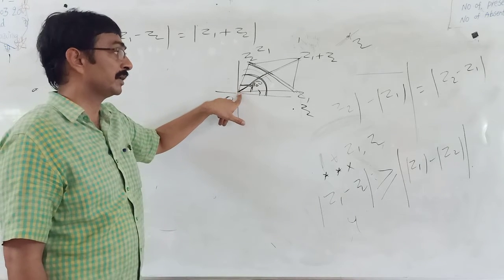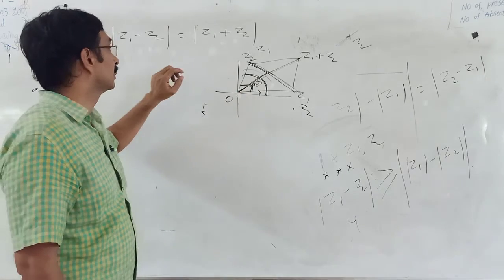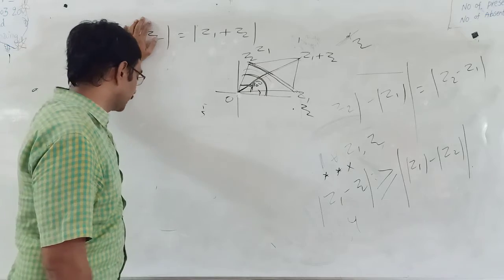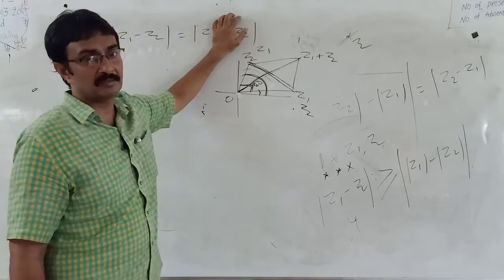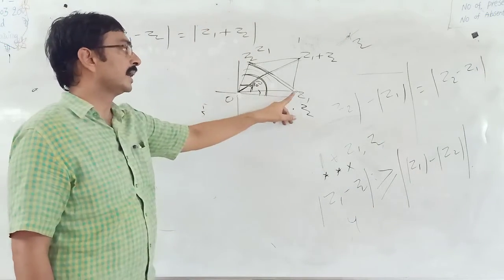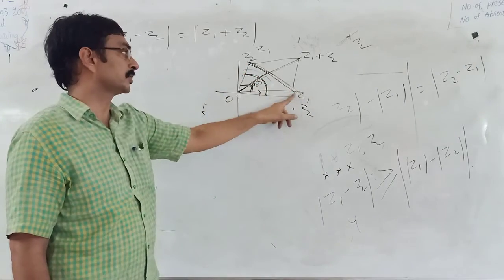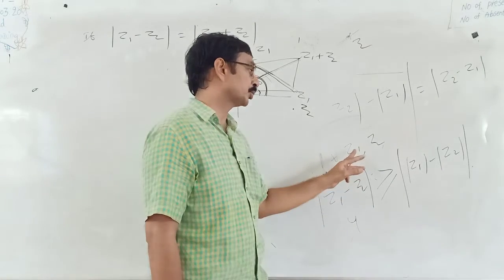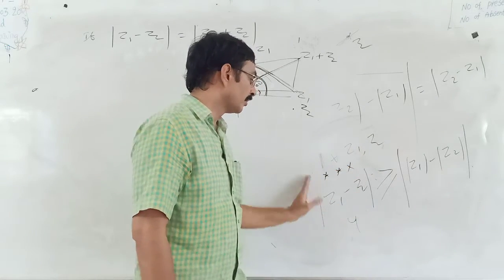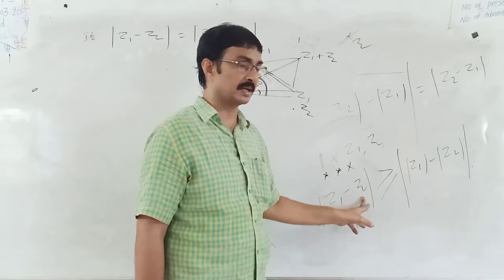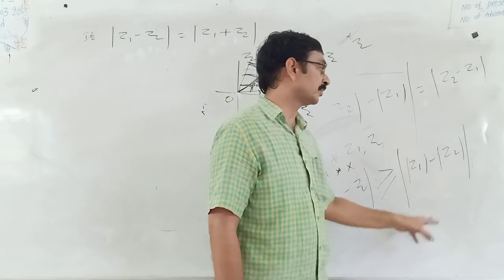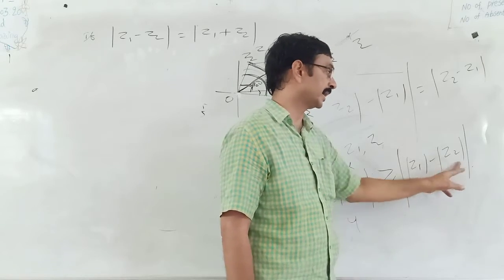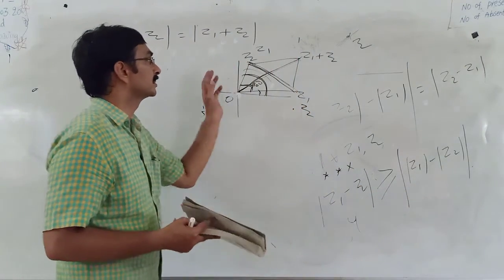There is one previous problem also based on this one. If two complex numbers satisfy the condition modulus of Z1 minus Z2 equal to modulus of Z1 plus Z2, then the line segment joining Z1, Z2 subtends a right angle at origin. And second, for any two complex numbers Z1, Z2, modulus of difference of complex numbers is greater than or equal to modulus of difference of their moduli, mod Z1 minus mod Z2. Write out these two.